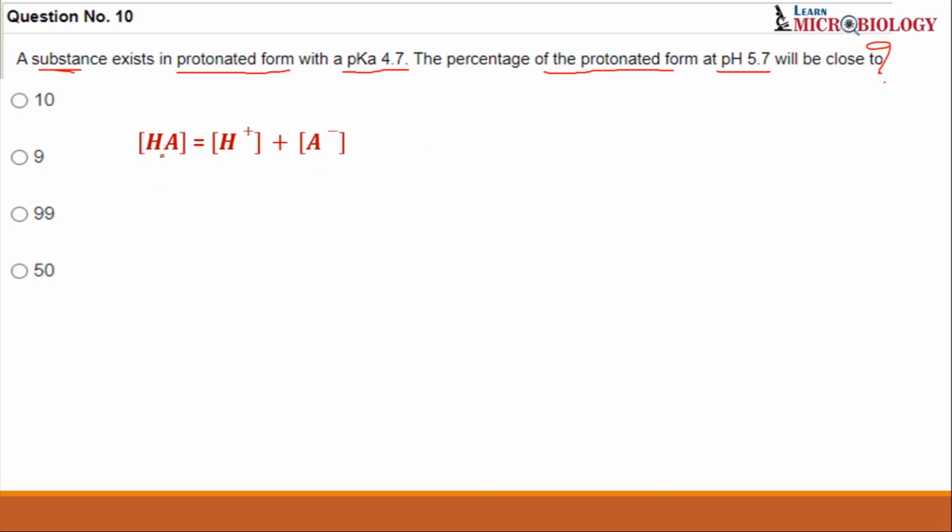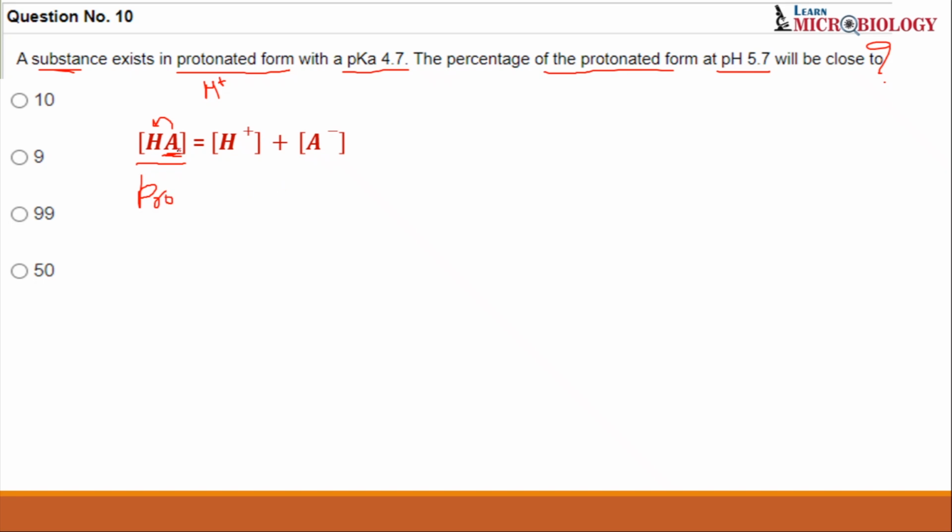Let us consider a substance A and this substance be protonated. Protonated means it is going to have a proton, and we all know the proton is nothing but H+. So when this A has this hydrogen, then this is called the protonated form. So this HA is nothing but the protonated form.